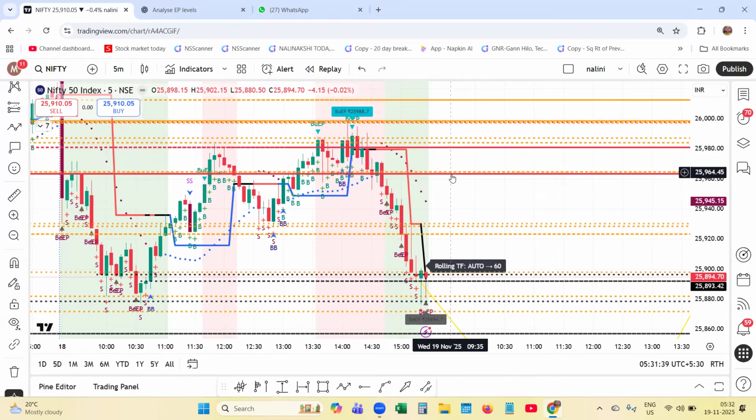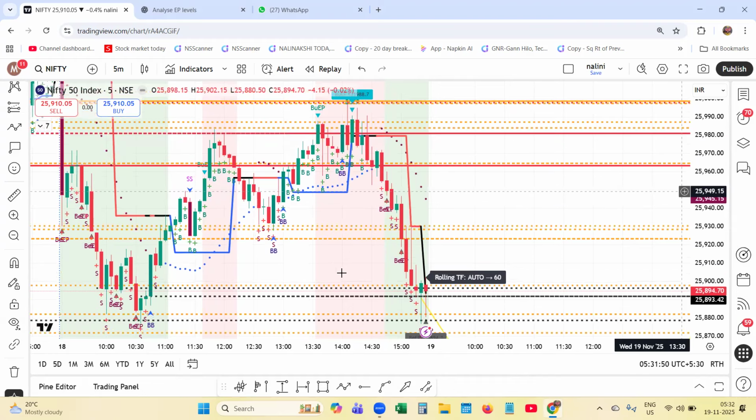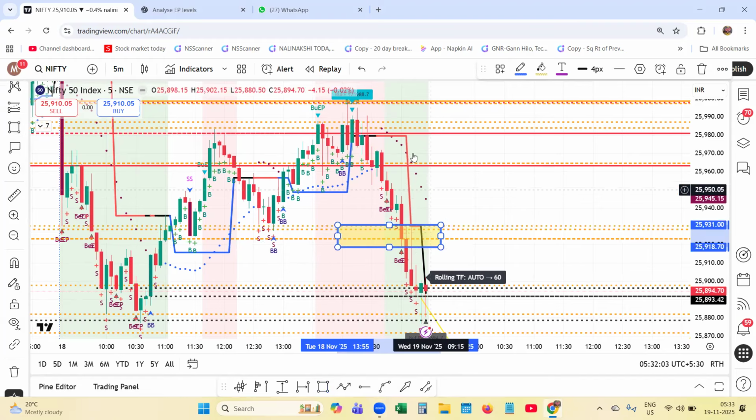You can see, along with the hourly line, the red line with yellow lines indicates purely they are call writers. And then the market pierced through this intraday call writer. No support, actually, no support in this area. That's why it has come down.